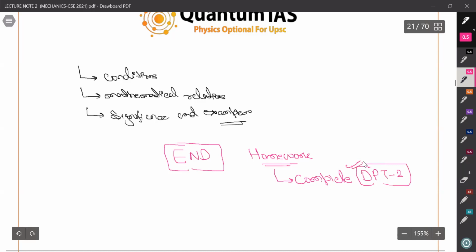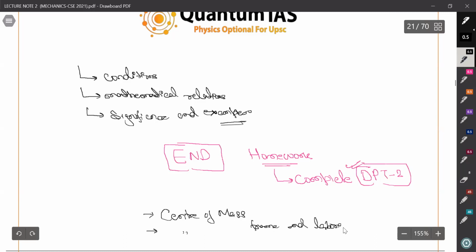In the next lecture, we will start with center of mass, center of mass frame and laboratory frame. So next class, we will have a discussion on center of mass.